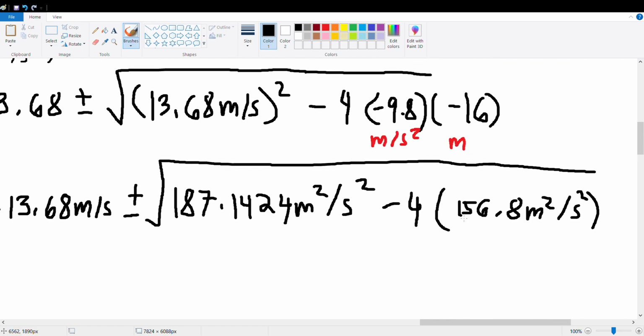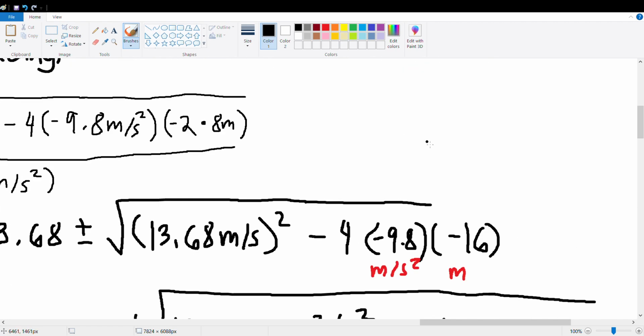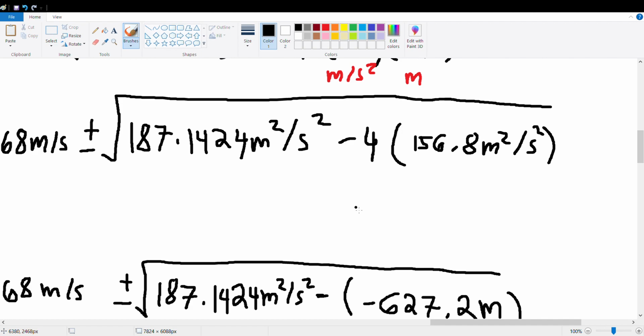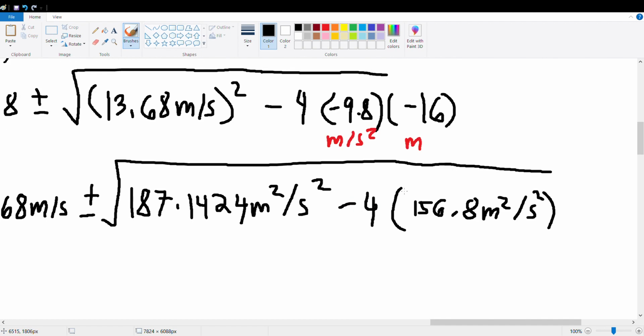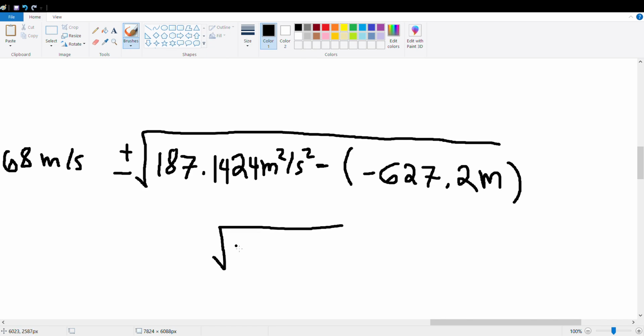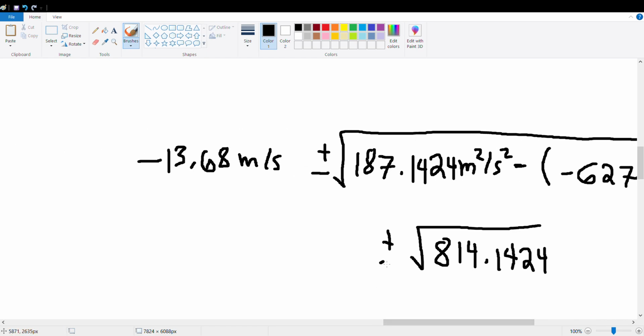Because we're multiplying here. Okay, yeah. So that would be plus actually. So basically, I think we got this. 814.1424 squared, 114.24, 13.68.